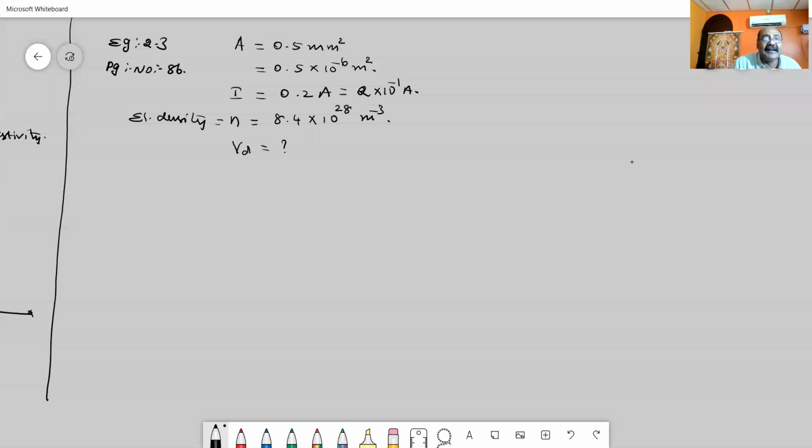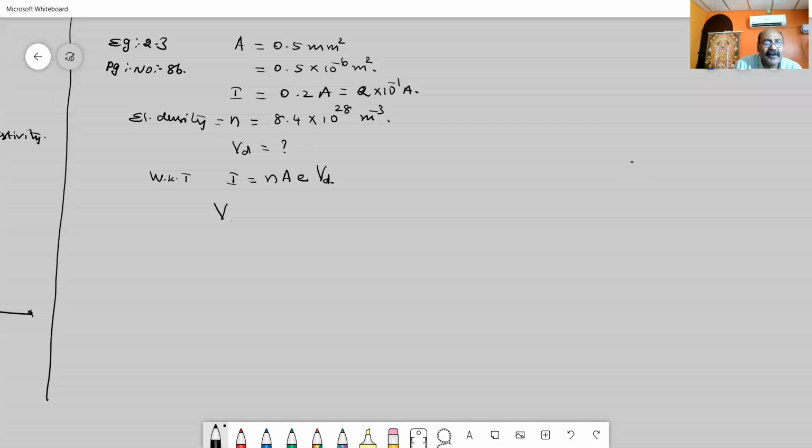You are asked to calculate the drift velocity V suffix d. We know the relationship between current and drift velocity: the current I is equal to n A e V suffix d.